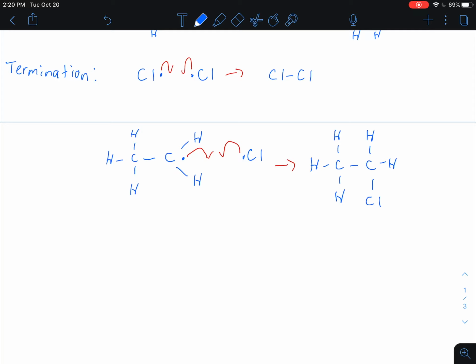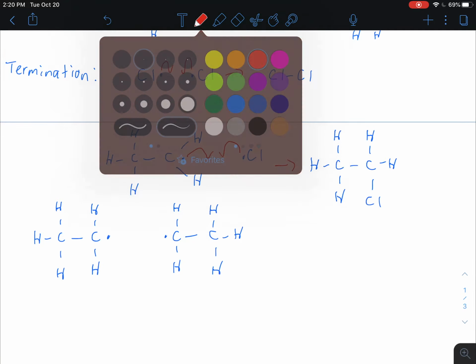So now we've shown as one possible termination the two chlorines reacting together. Then we've seen the ethyl radical and the chlorine radical together. So then naturally the last possibility for a termination step would just be two of the ethyl radicals, and I'm just going to face them toward each other to make it easier, reacting together to technically make butane, right, when we see this through.